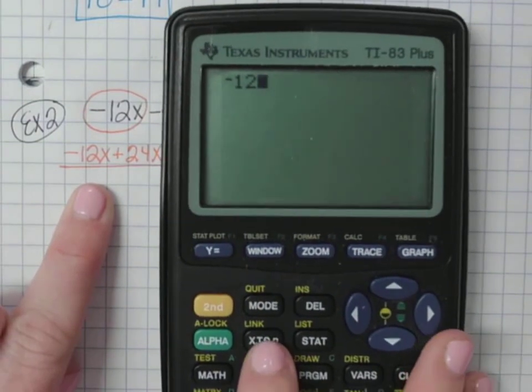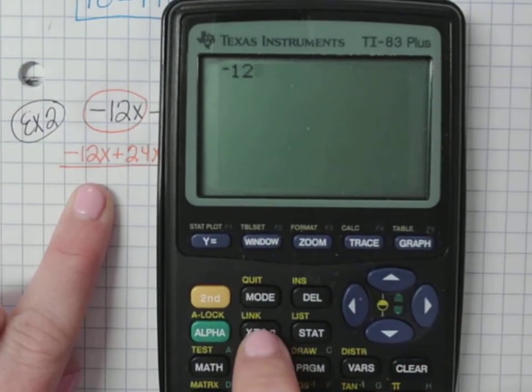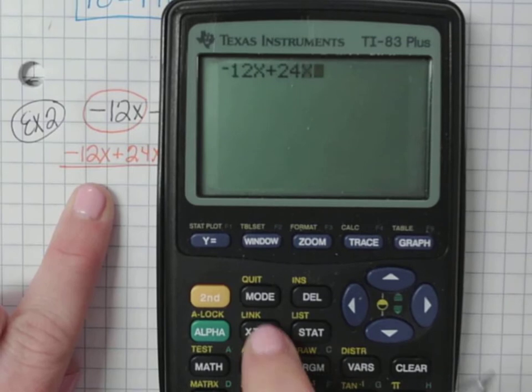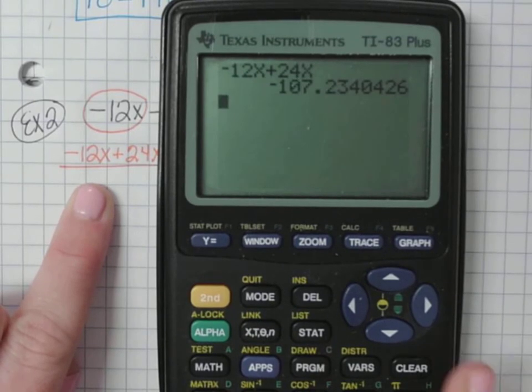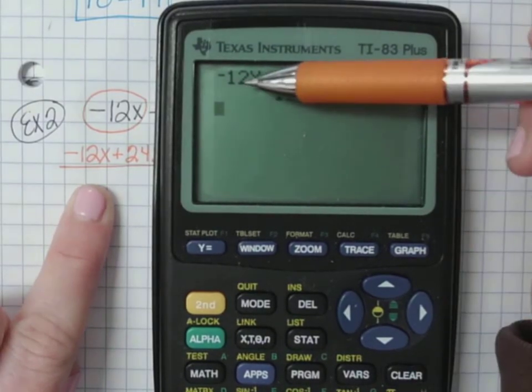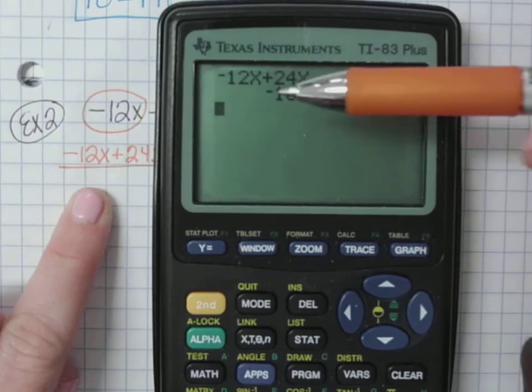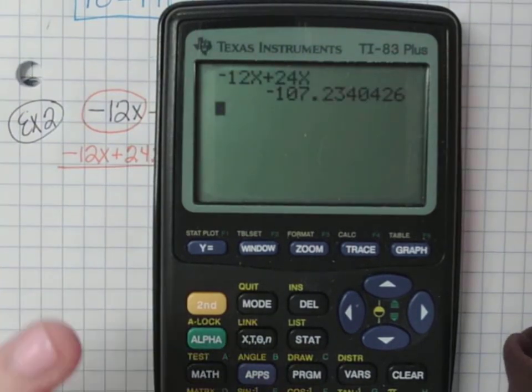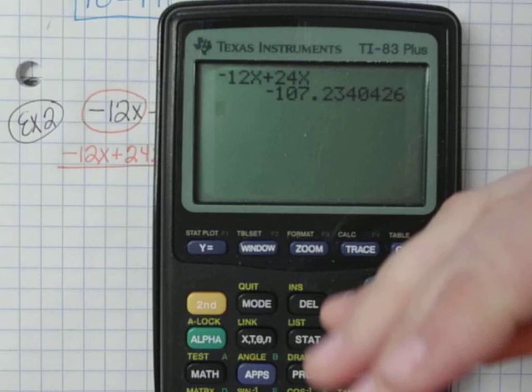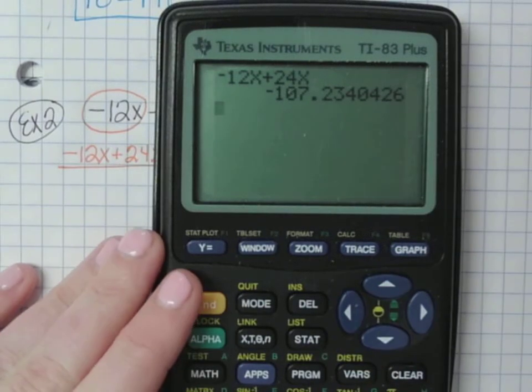Now notice, I always see people try to push this x and then put 24x. Notice there is no way 24 minus 12 would give you 107. This x, I don't know where it comes from. It's just whatever somebody has stored in the calculator as the x value.